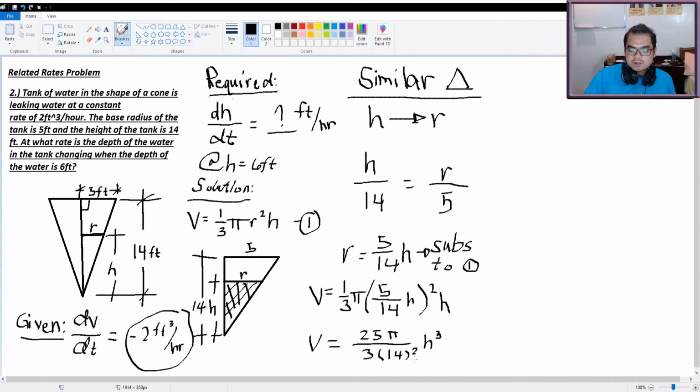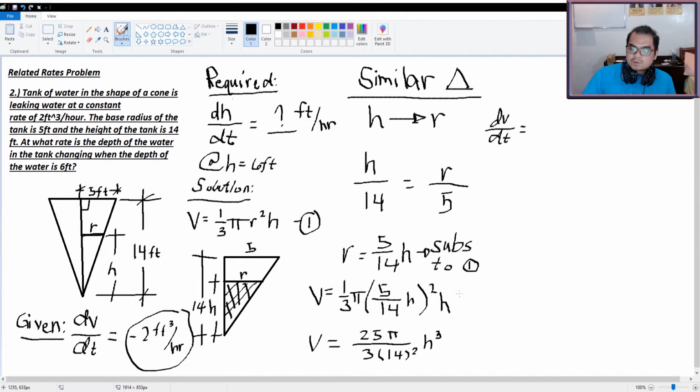Now from here we can perform a derivative, because we were able to express the volume of the cone in one variable only, which is h. So taking the first derivative, we'll have dV over dt, which is a negative value.